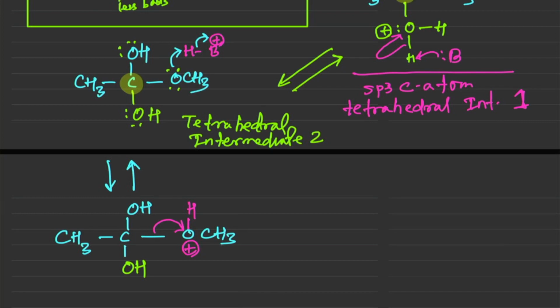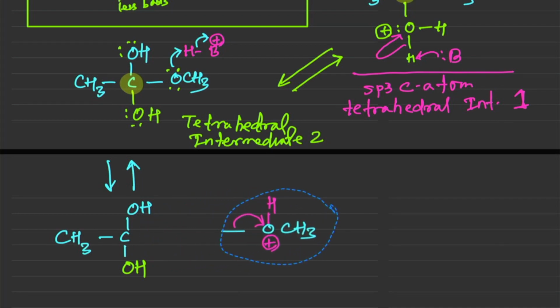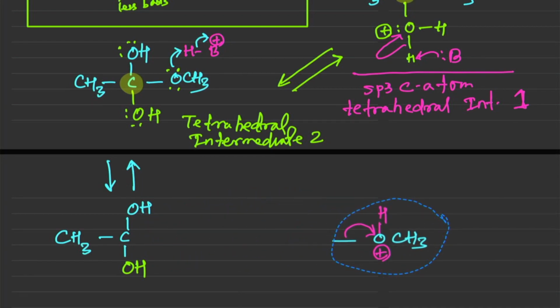Okay, so if I do that, let's say this molecule goes away, you notice here our carbon atom becomes positive. It doesn't have an octet anymore.